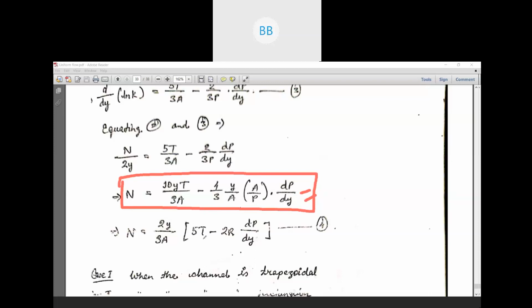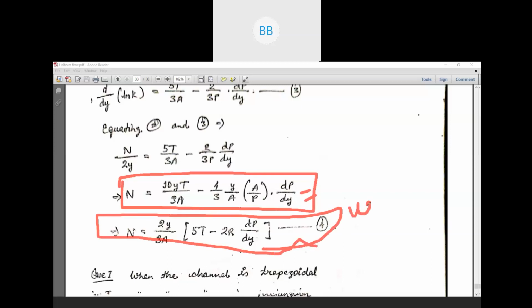What will be left out is 5T minus twice R dP by dy. So this is our general expression for the hydraulic exponent in uniform flow using Manning's equation.